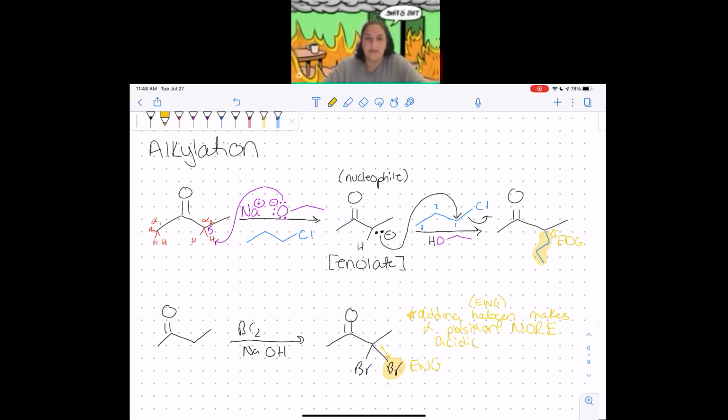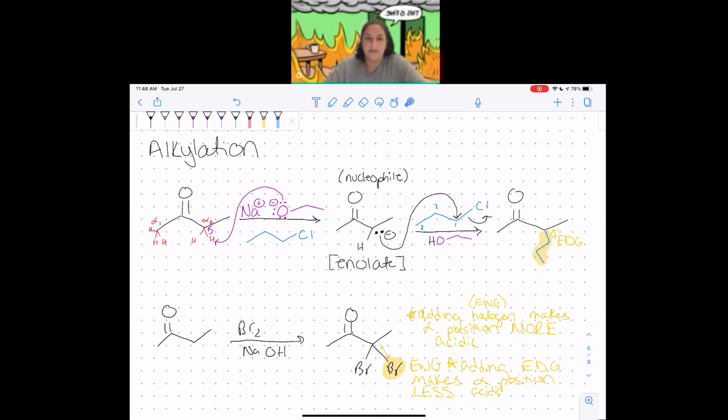Whereas adding an electron donating group makes the alpha position less acidic. So for that reason, in the alkylation reaction, we only add one time. However, in the halogenation, specifically with base, we can add twice.